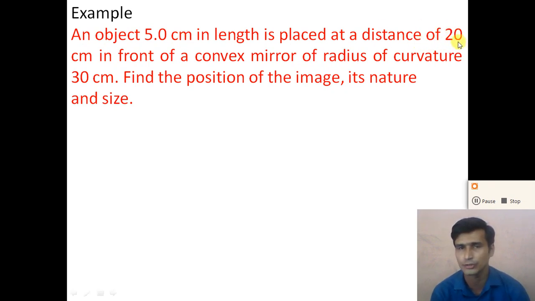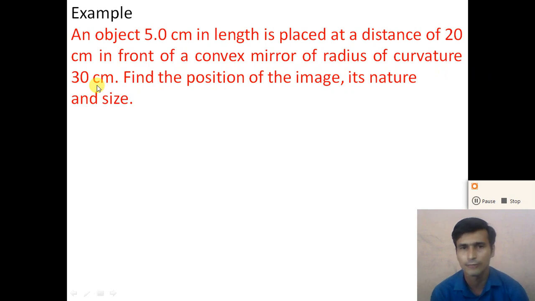Object distance u is equal to minus 20 centimeter in front of the convex mirror, right? Of a radius of curvature 30 centimeter. So here the radius of curvature of the convex mirror, r, is given to you. So r is plus 30 centimeter. Why? Because for a convex mirror the radius of curvature and the focal length are positive. So radius of curvature r is equal to 30 centimeter.